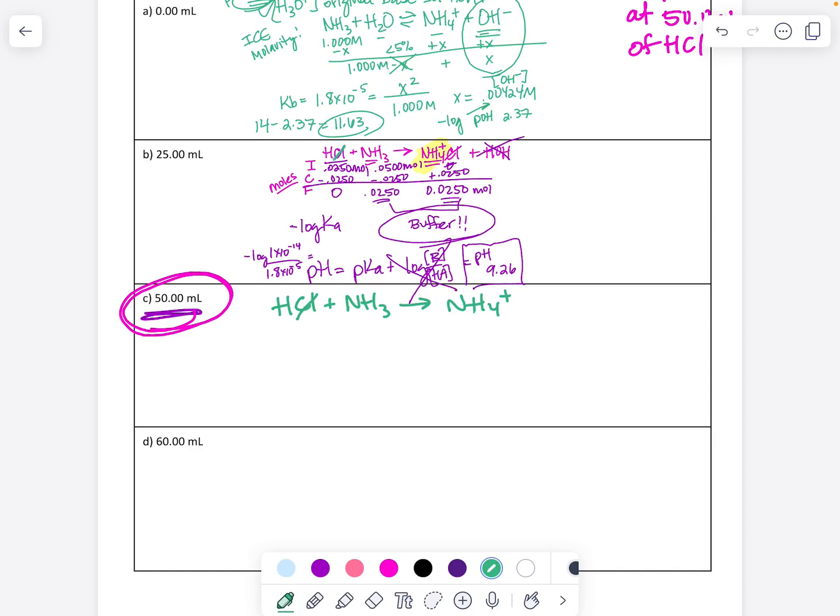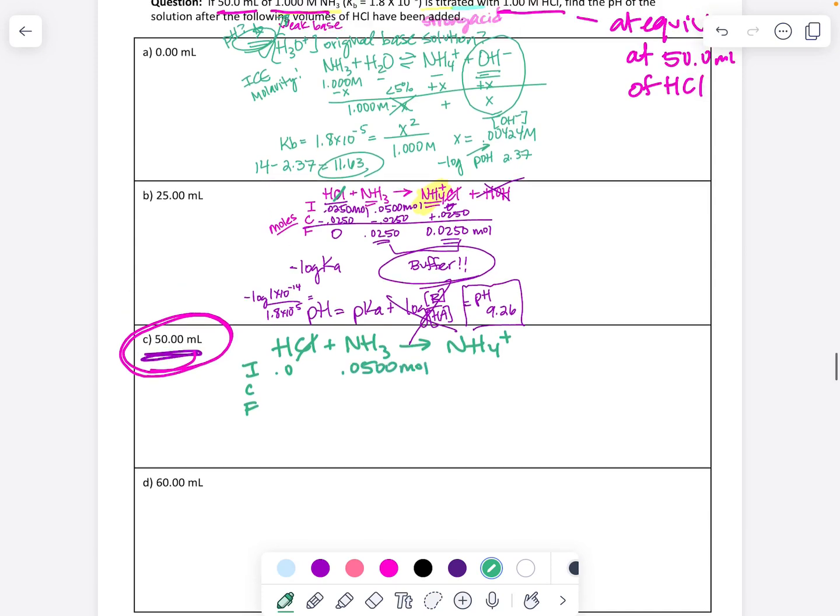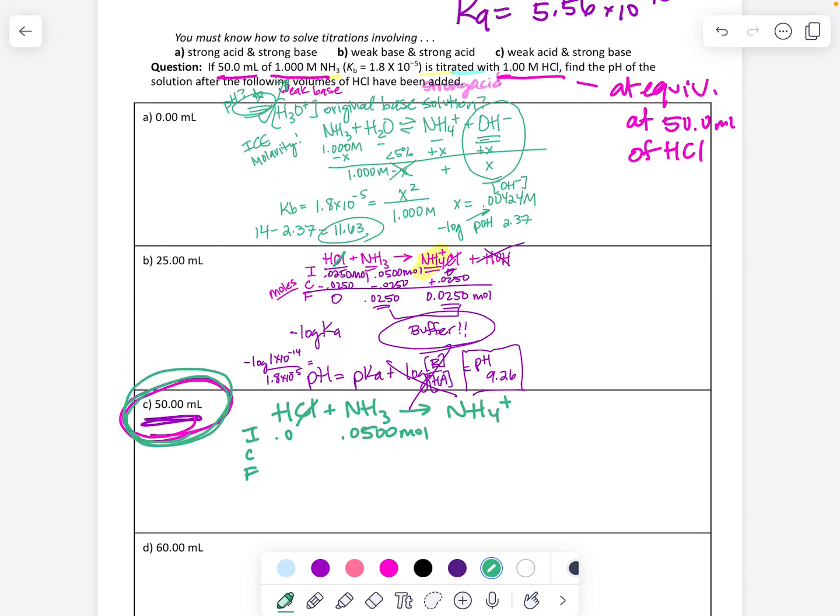So when I do my ICF table, I do want moles. We already decided this was 0.0500 moles. For my acid, I've added a different amount now. Now I've added 50 milliliters, and I know it is 1 molar. So 50 milliliters, 0.05 liters, times that 1 molar is 0.0500 moles of my acid as well.